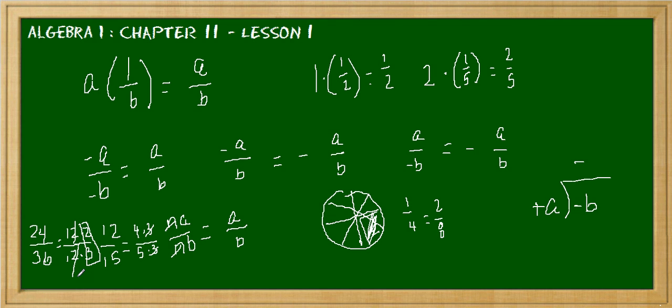Now, we're going to go the other way here, which is to reduce the fraction. In example number 2, reduce the fraction 102 over 12 to lowest terms. Now, because 102 is equal to 2 times 3 times 17, and 12 is equal to 2 times 2 times 3, we know that their greatest common factor is 2 times 3. We learned that in a previous lesson or previous chapter.